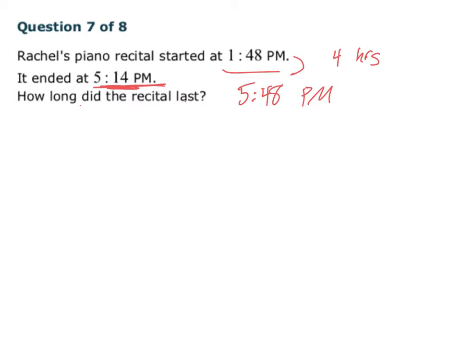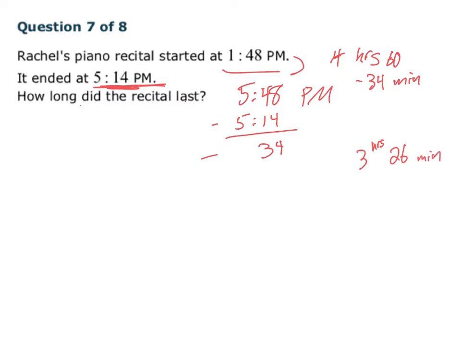I know it's going to be less than 4 hours. Now I'm going to back up to 5:14 p.m. So I'm going to go back 34 minutes. So it's 4 hours minus 34 minutes. So there's 60 minutes in an hour. So 60 minus 34 is 26. That left me at 3 hours and 26 minutes.